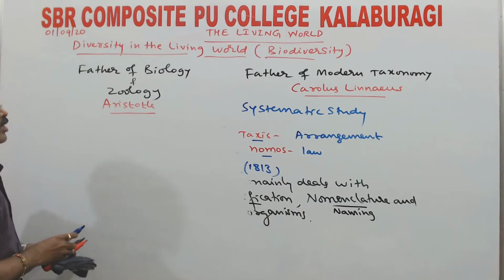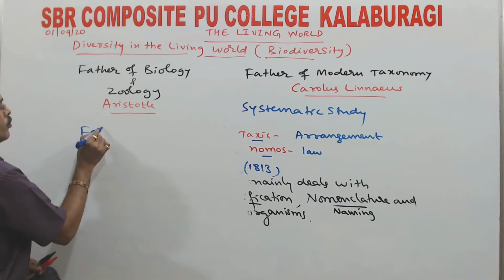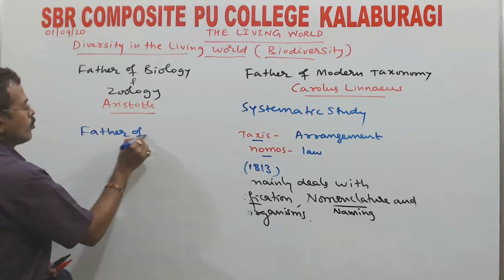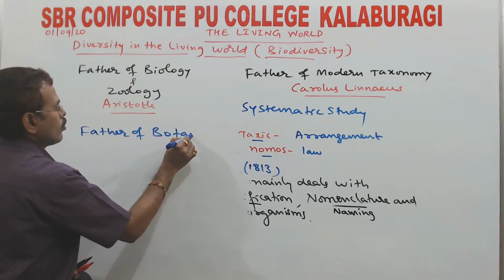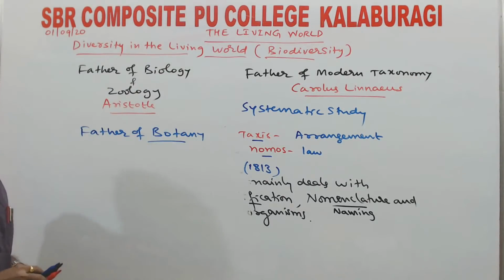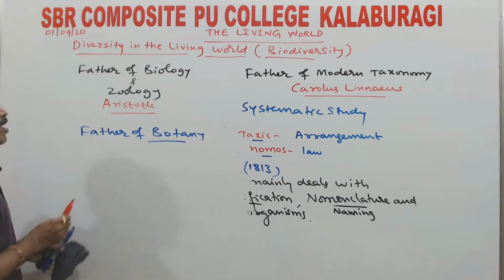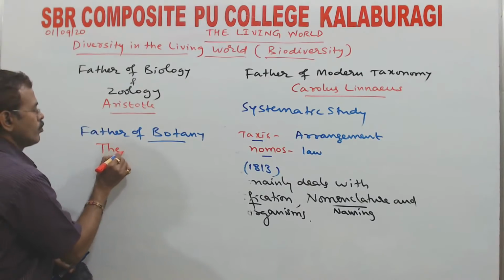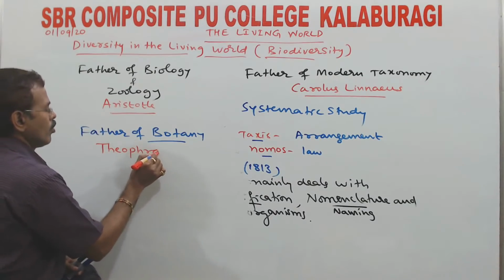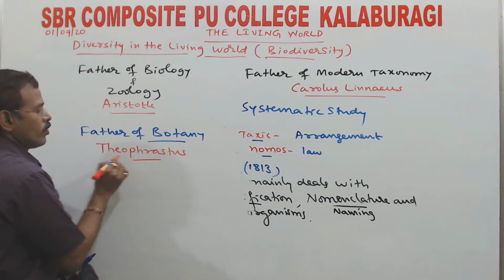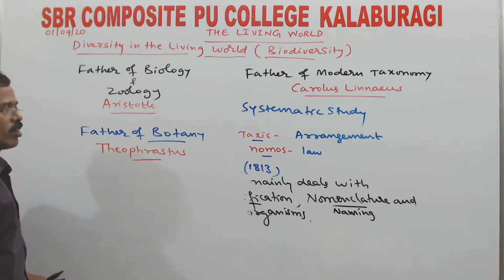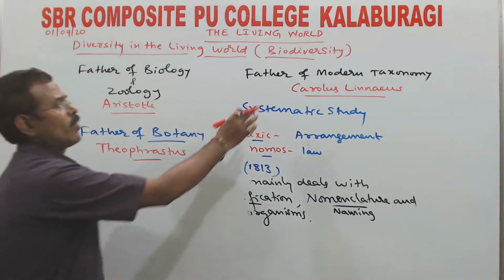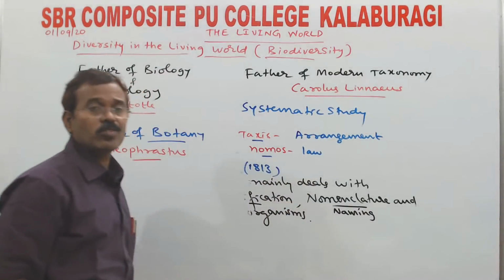Then we have the father of botany, a disciple or student of Aristotle later on. His name is Theophrastus, regarded as the father of botany. So the father of modern taxonomy is Carolus Linnaeus.